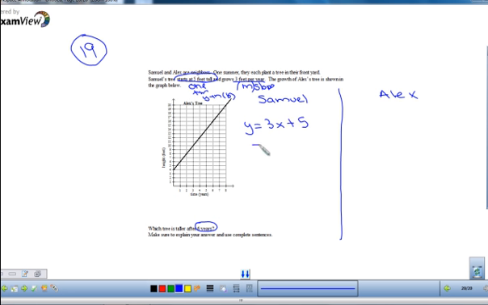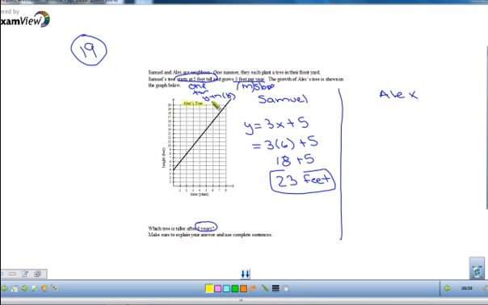So after 6 years, Samuel's tree is going to be 23 feet. Okay, Alex, got to use the graph to look at Alex's tree. Okay, so this is the graph of Alex's tree. So after 6 years, Alex is going to be 16 feet.